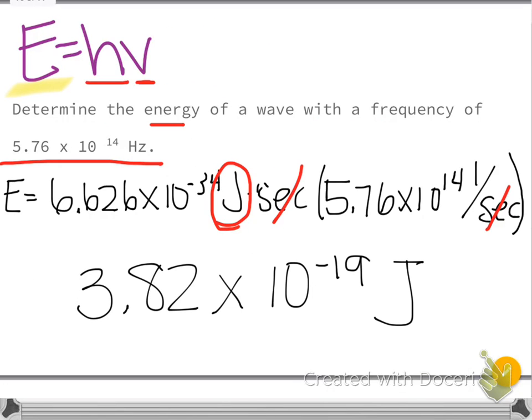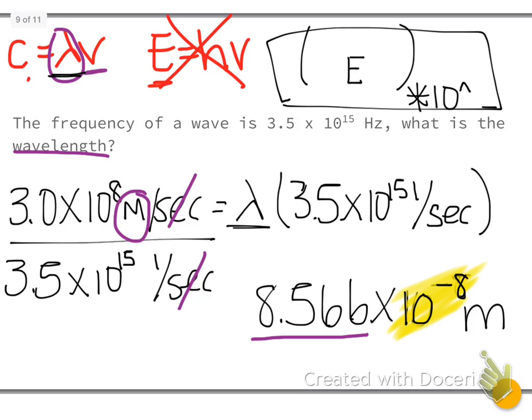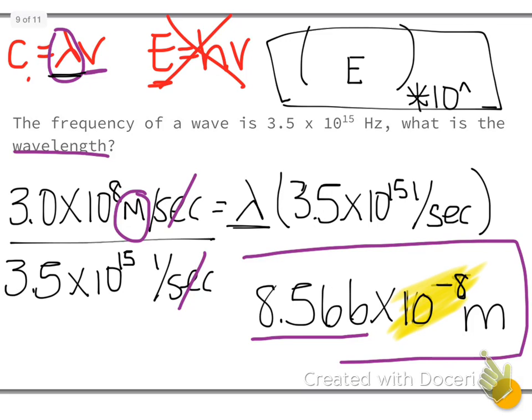And I want to go back to this problem right here where we're looking for the wavelength. If you look at your last objective of this quiz, it says something about being able to use data to interpret information. So something additional I could ask you about this was, what type of wave are we looking at here? And now you're probably thinking, how do I know that? Well, if we have the wavelength, we can use that electromagnetic spectrum that we looked at a few slides ago to determine what type of wave it is. So we're looking at 8.566 times 10 to the negative 8th.